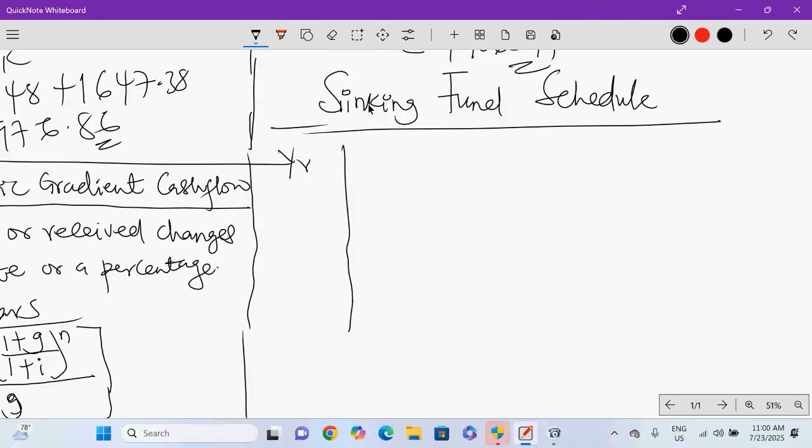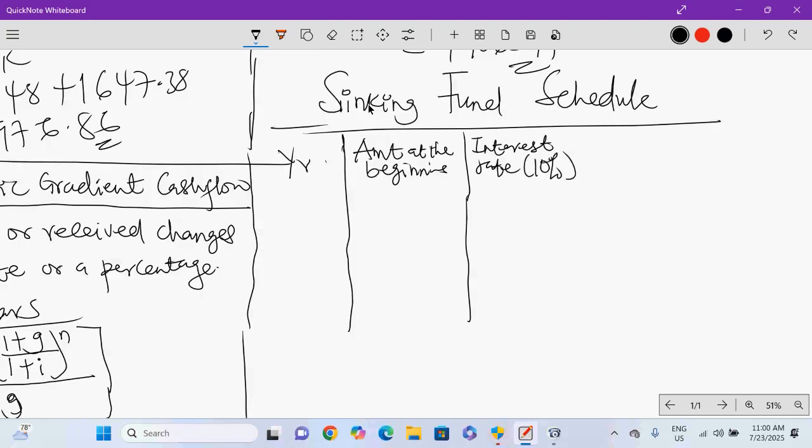So here the year, and then we have the amount in the fund at the beginning. Then the interest rate.